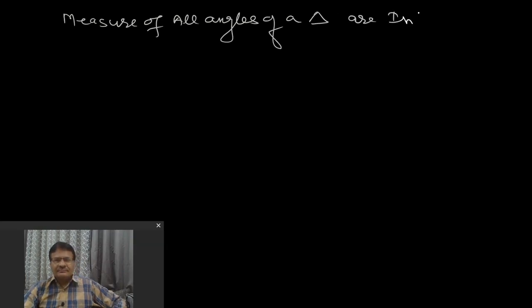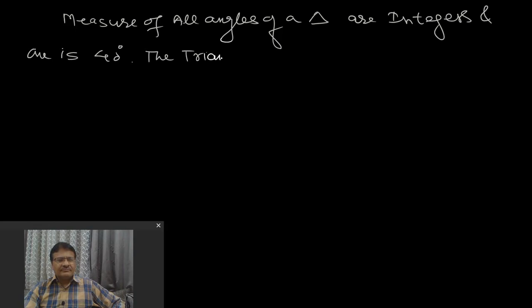Measures of all angles of a triangle are integers, and one is 40 degrees. The triangle is acute.